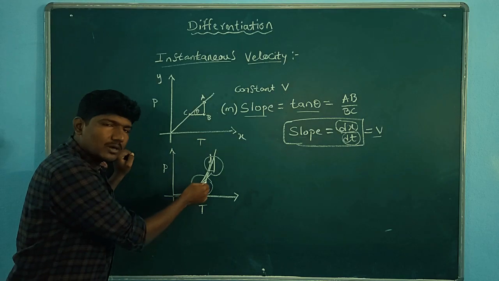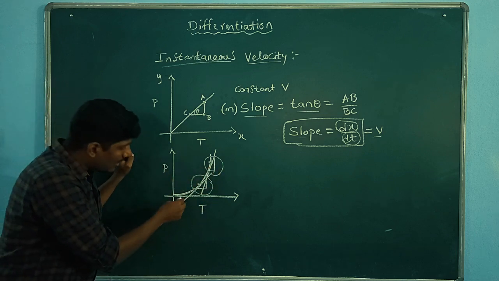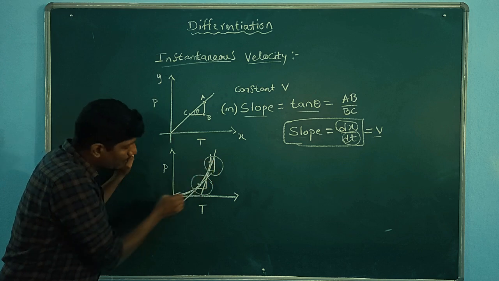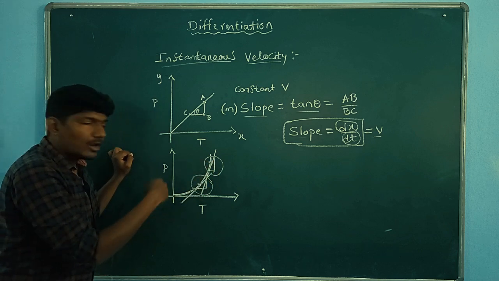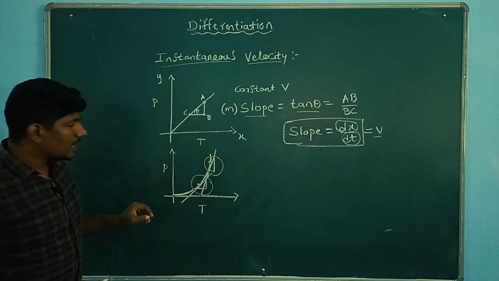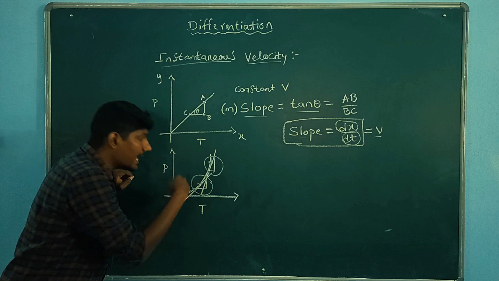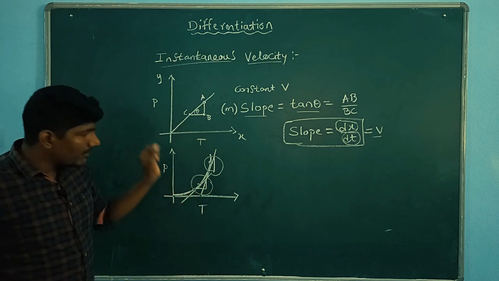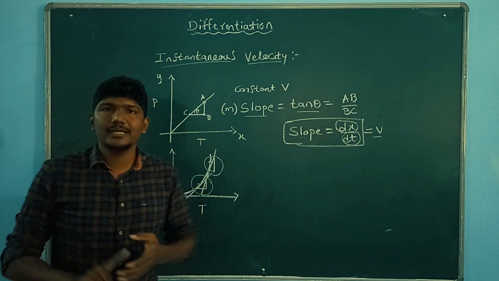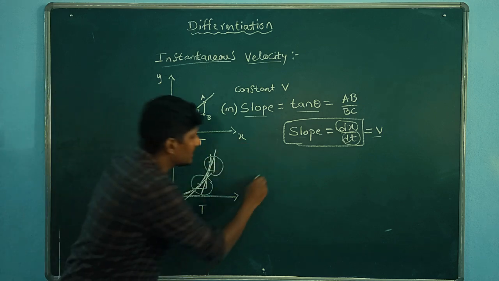It means velocity is changing, it is variable. From point to point along this curve, velocity changes, it is not constant. If you want velocity at any instant, that value of velocity is called instantaneous value.